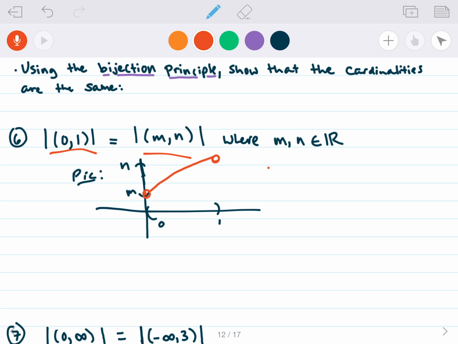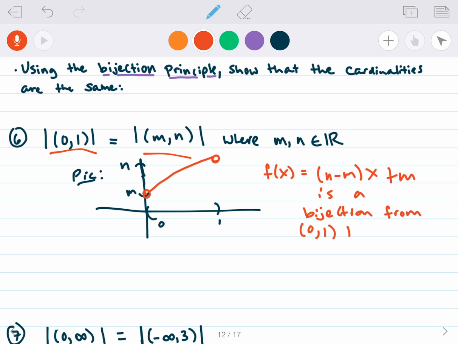If you find your slope and your y-intercept, you're going to see that your slope is n minus m, and of course, you can see from the picture that your y-intercept is m. This is a bijection from 0, 1 to m, n. And I'm going to leave this as an exercise for you to check.